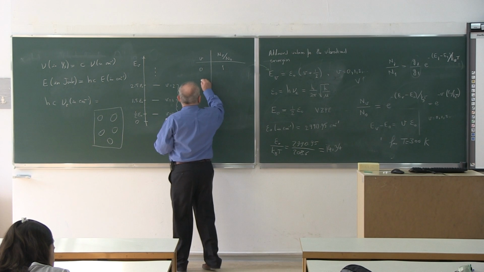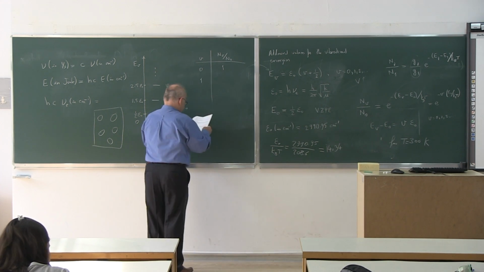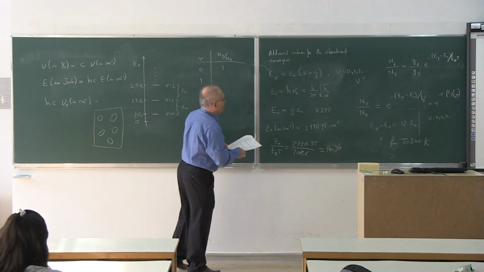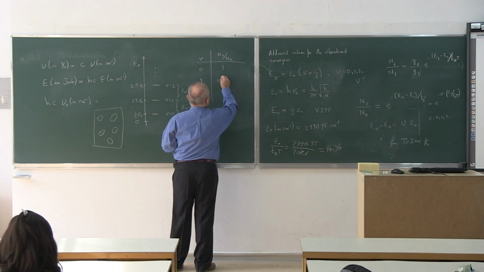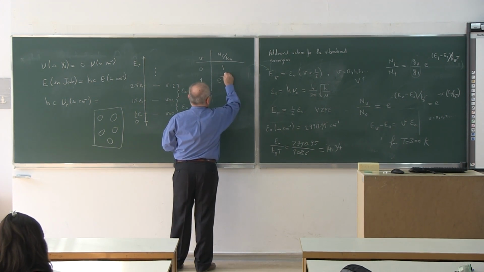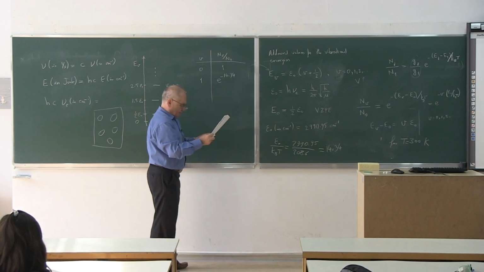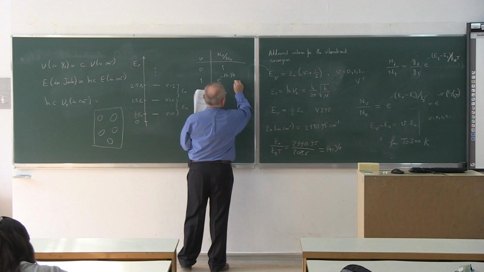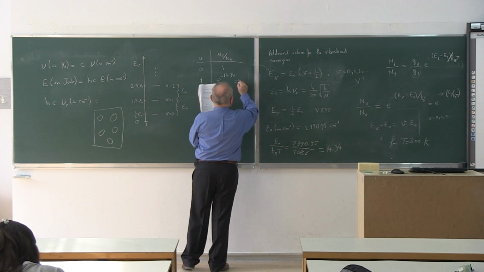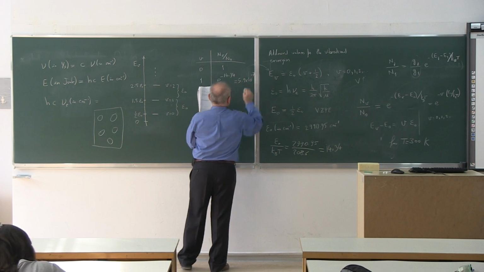Now, for V equals 1, the next level, it is e to the minus 14.34. Or this is 5.9 times 10 to the minus 7.